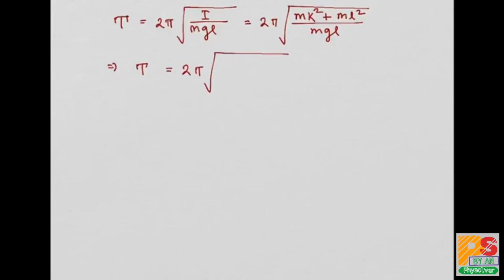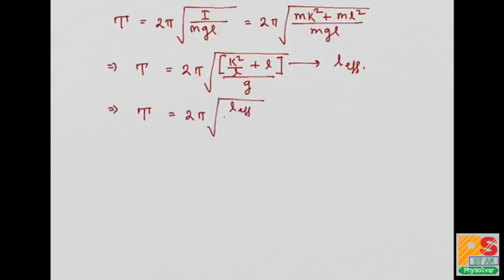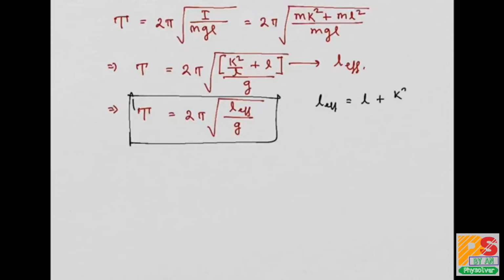This is nothing but k square by L plus L divided by G. Therefore we can call this quantity the L effective for the physical pendulum. Therefore T equals 2 pi into root over L effective divided by G, and that is the formula, where L effective equals L plus k square divided by L. Again I will emphasize: what is L?